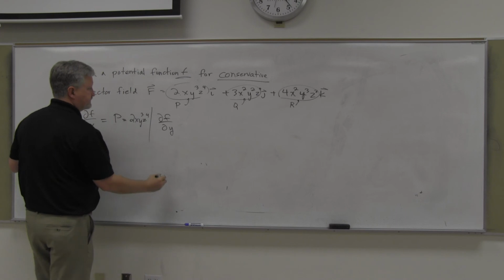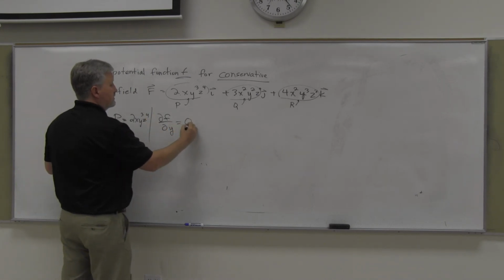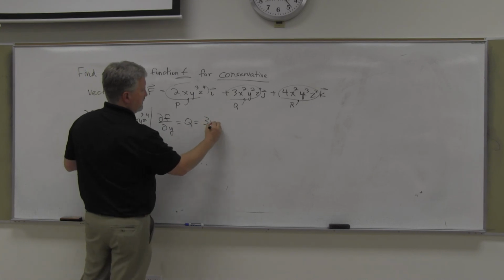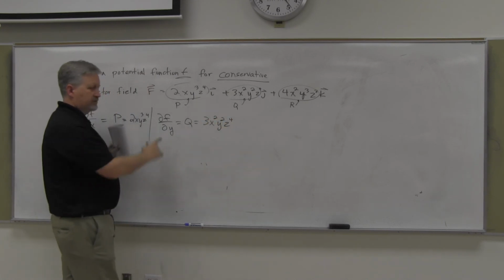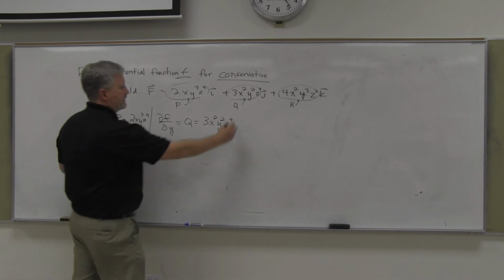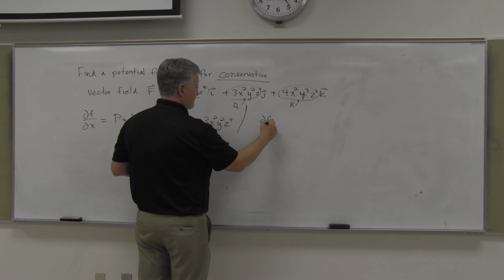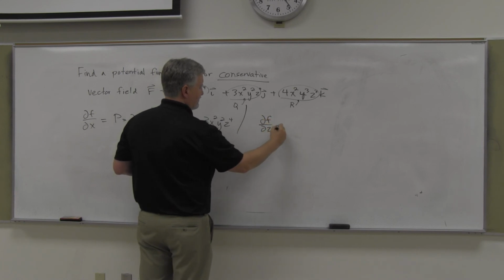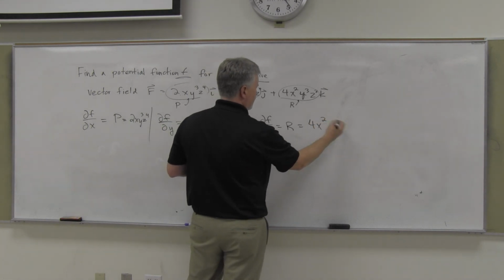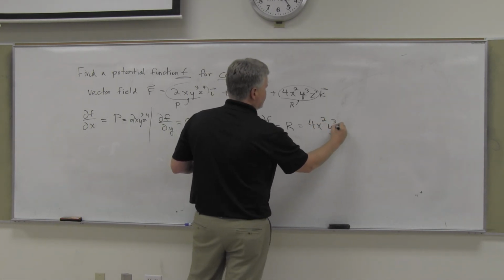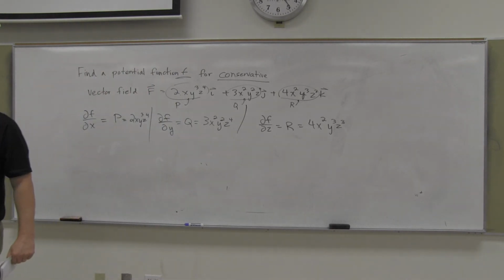We know the partial of f with respect to y equals Q, so that equals 3x squared y squared z to the fourth. And then, guess what this equals? Partial of f with respect to z: 4x squared y cubed z cubed. So it just adds one more piece.